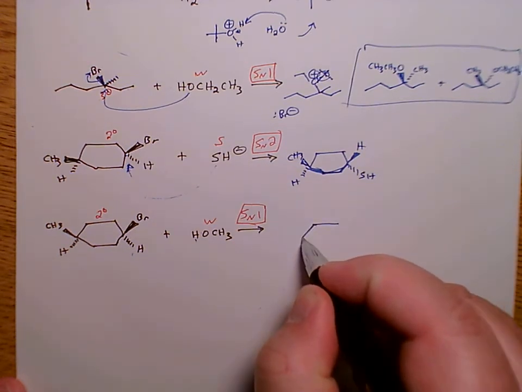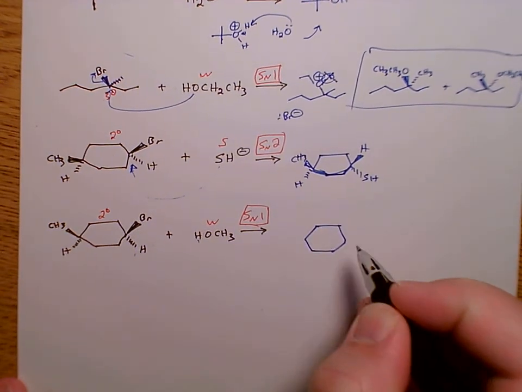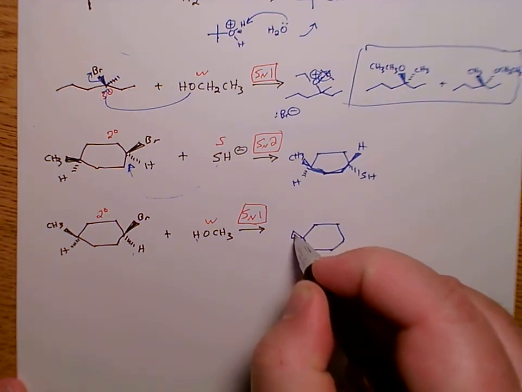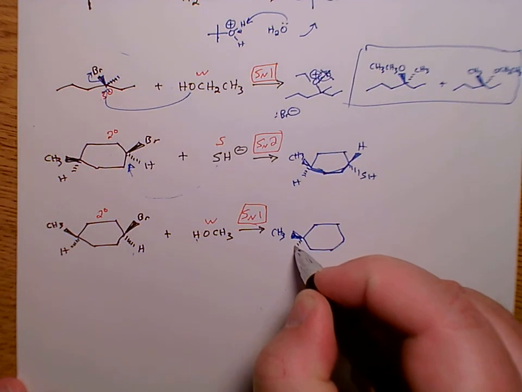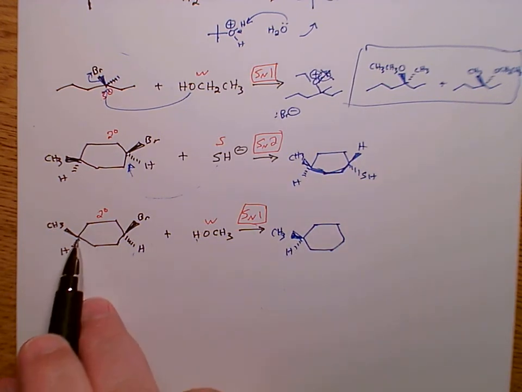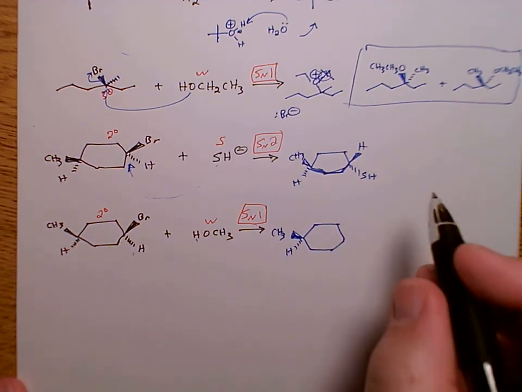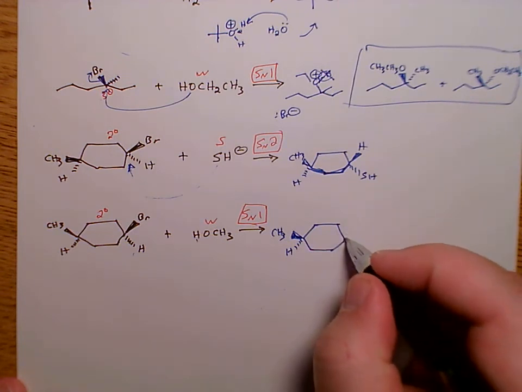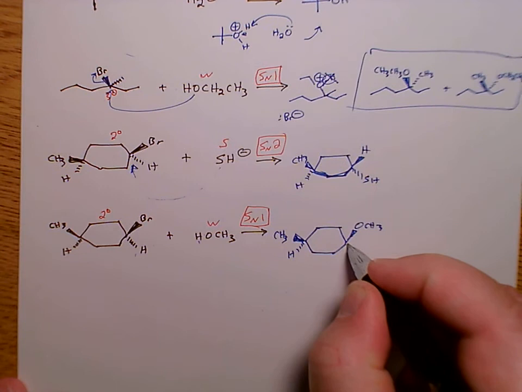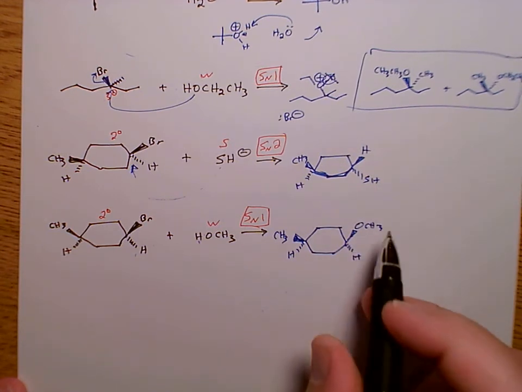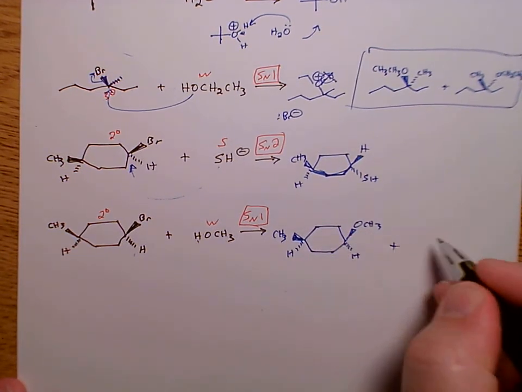So hopefully you say easy peasy. Nothing happens over here. The CH3 is always going to be coming out, and this hydrogen always going back because no reaction's happening over here. It's all happening at this carbon. And I am going to get coming out at me OCH3 and going back the hydrogen, the cis product.